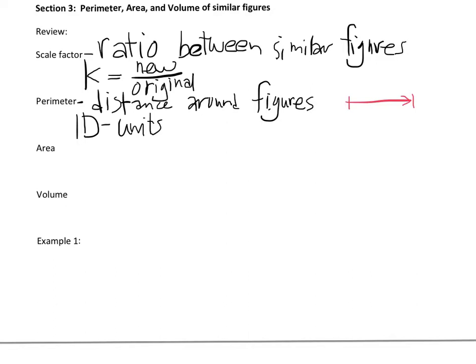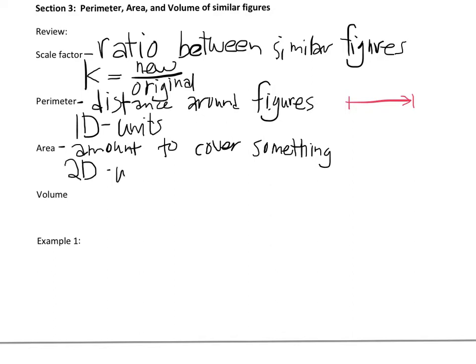Area is the amount to cover something. So that's when we're thinking about how many tiles is it going to take to cover this floor? How much paint is it going to take to cover that wall? Or how much fabric is it going to take to cover this table? So that's when we're thinking about things in 2 dimensions.